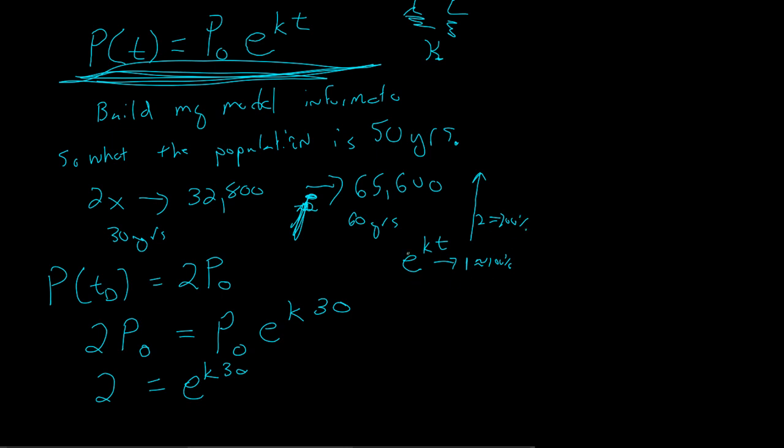I kind of think of these as percentage generators, because if k is negative, then my half-life is when I get 0.5. And so these things spit out multipliers. Their job is to spit out multipliers of whatever's in front of them. So if you're looking for doubling, you're looking for this to spit out the number 2. You don't care what's going to sit in front of it eventually. You just want to know when this spits out the number 2.